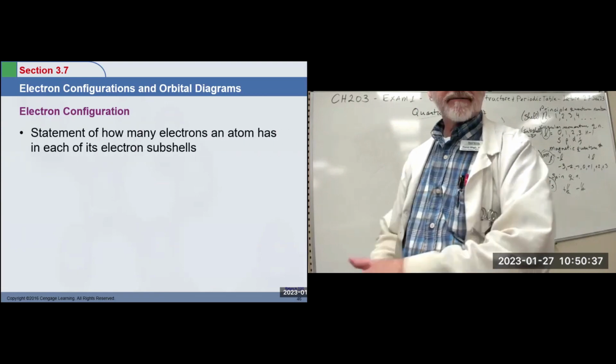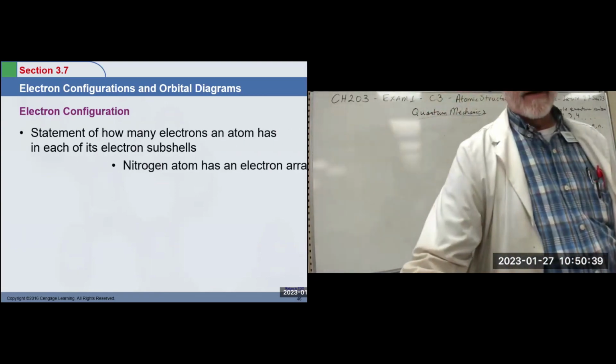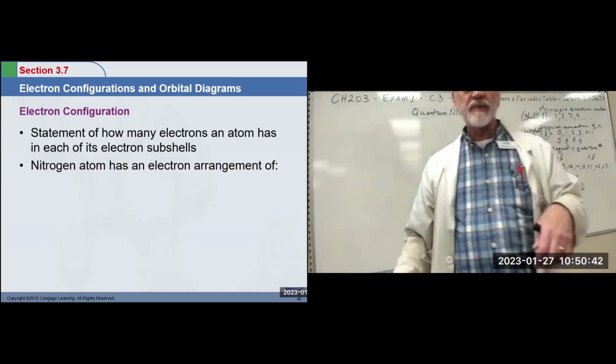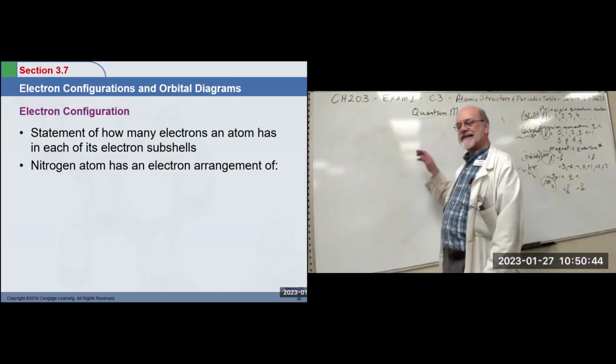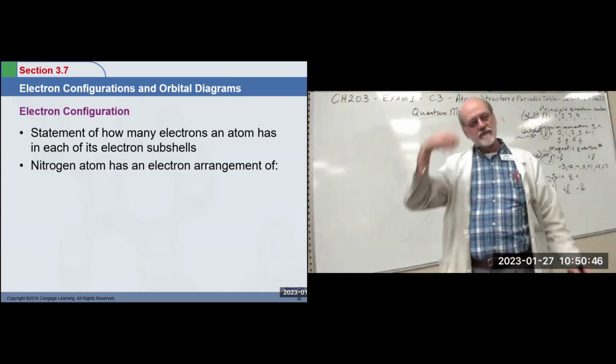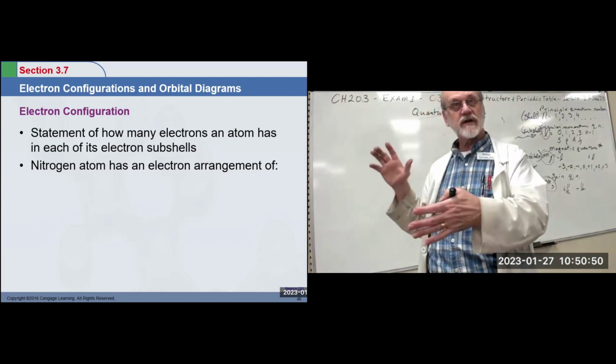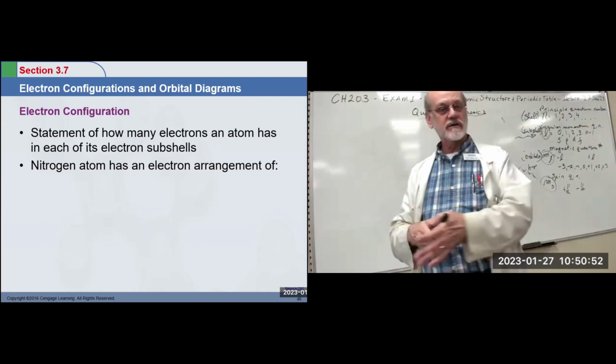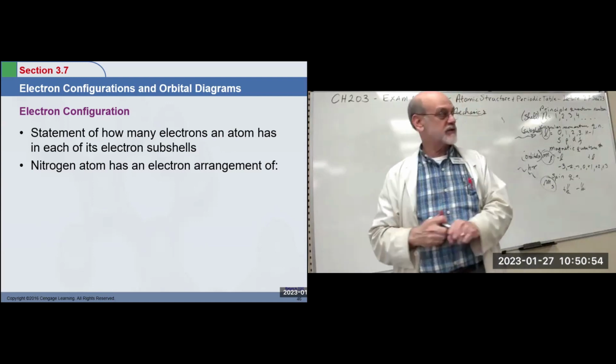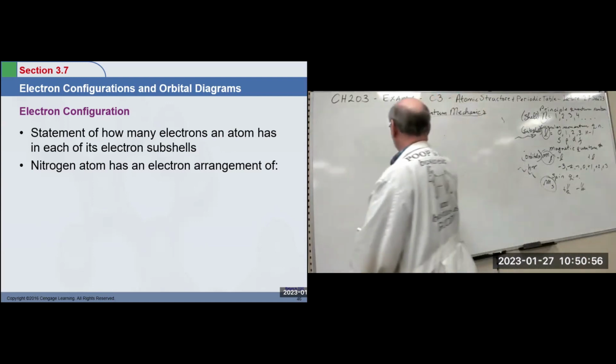Electron configuration. This simply takes an element and puts the electrons in their places at lowest energy to highest energy and fills that structure.